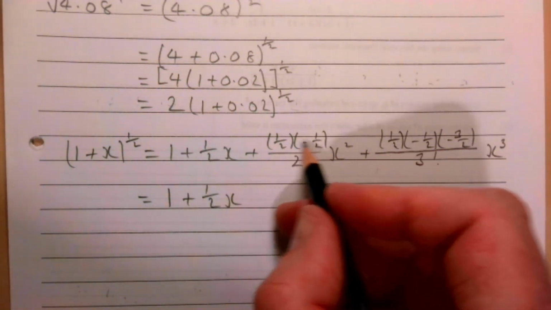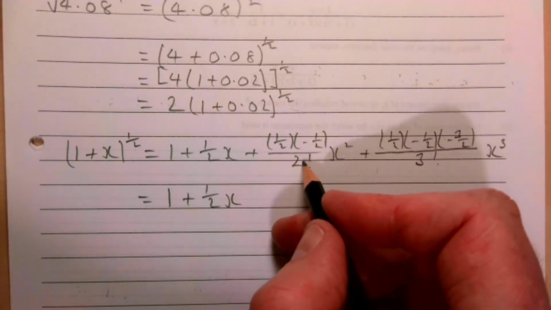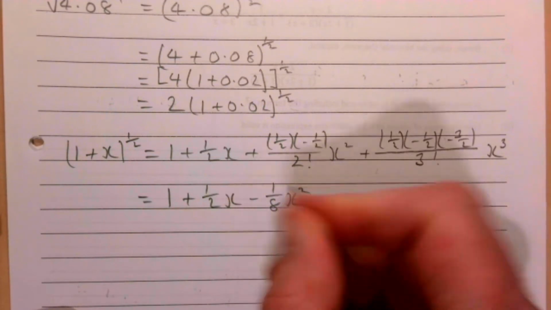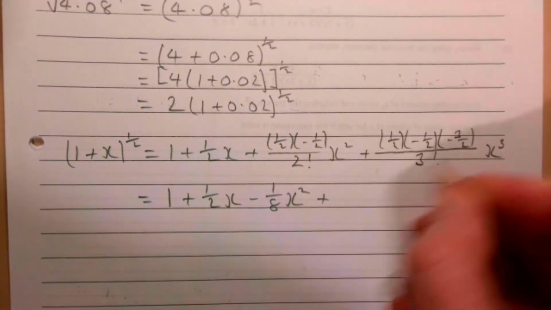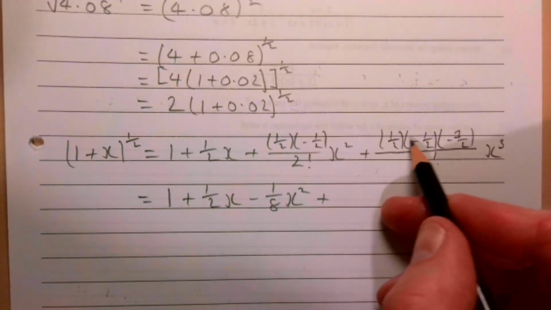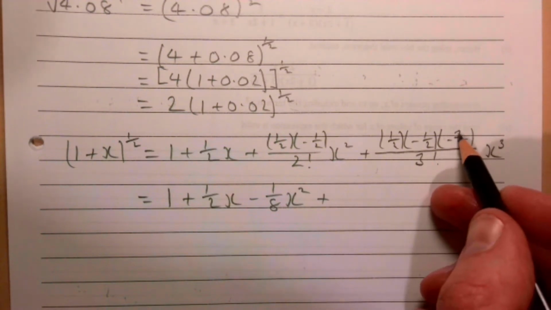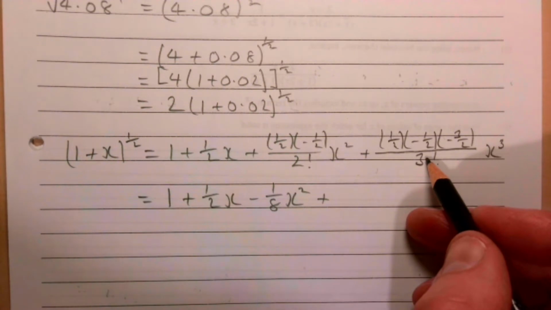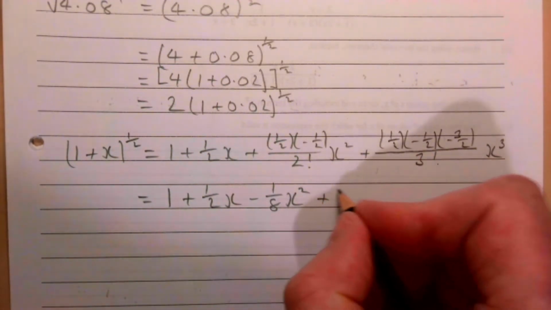What do we have here? Minus a quarter divided by 2, so that's minus an eighth x squared. Minus and the minus is going to be a plus. On the top we have 3 over 8, and we divide that then by 6, so that's 1/16.